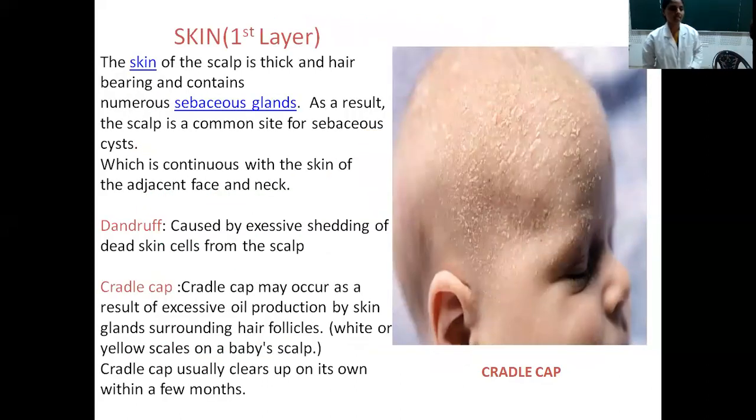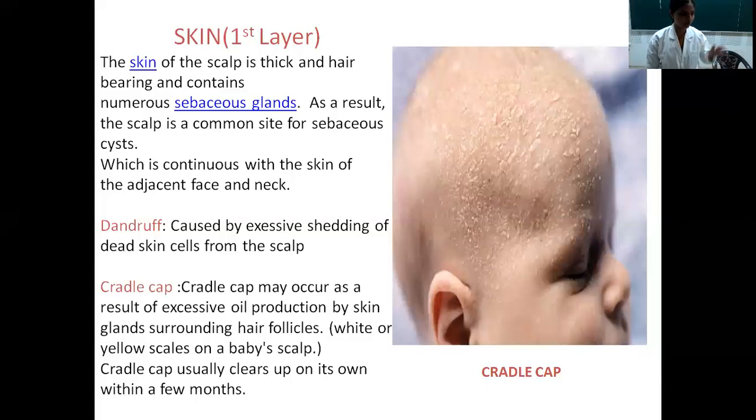Now you see skin. As per your knowledge, the palms and soles are the only areas covered by thick skin, and the rest of the skin is thin skin, as you know from histology. Thin skin means it's a hairy skin. But what is the speciality in this scalp area?